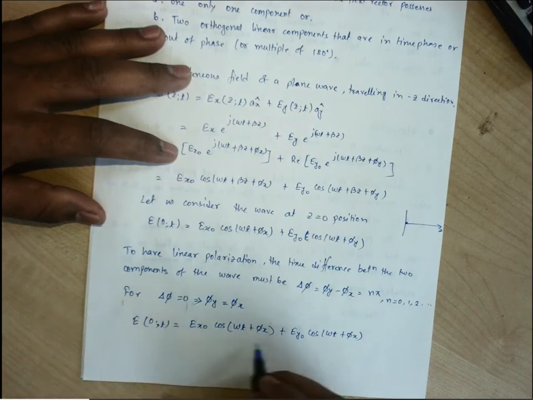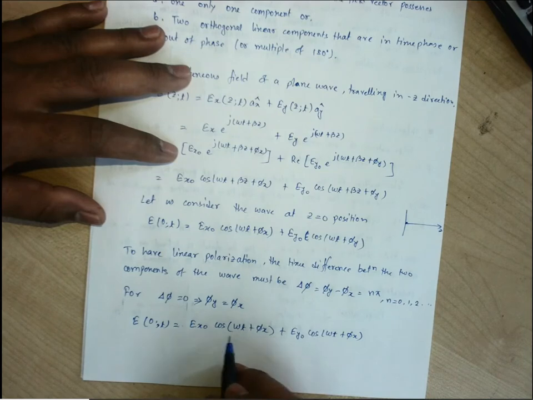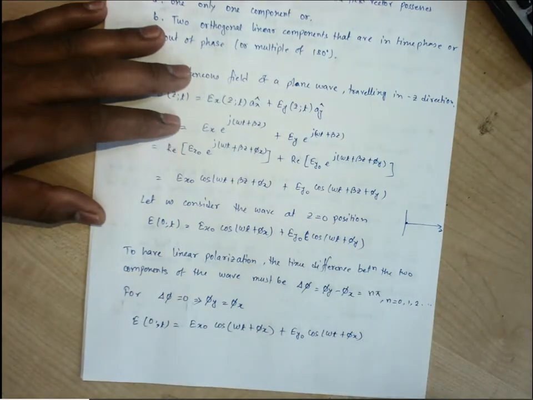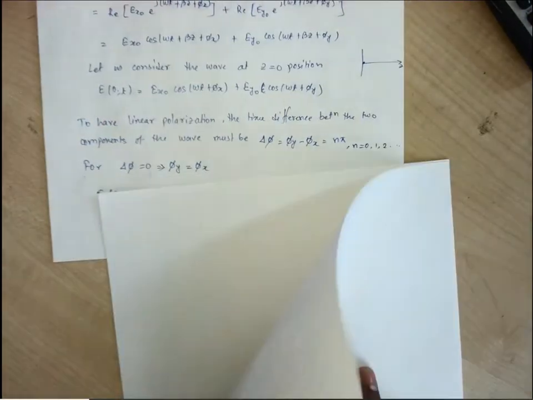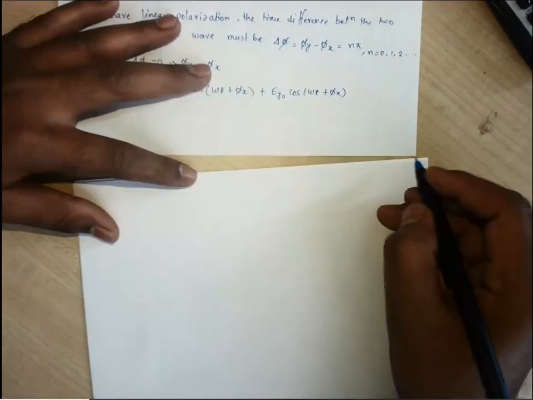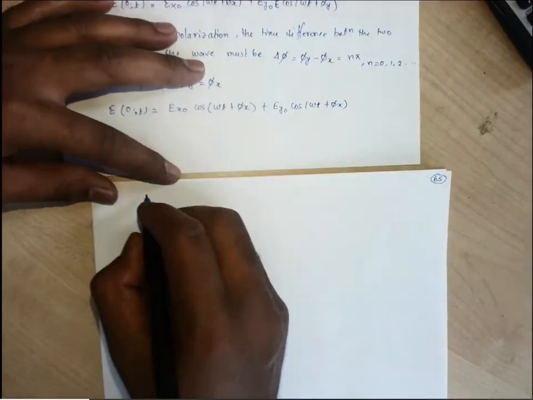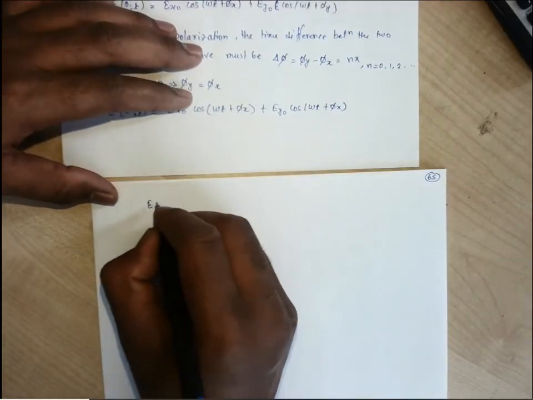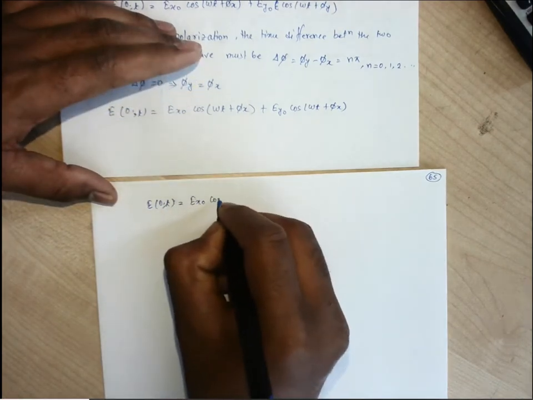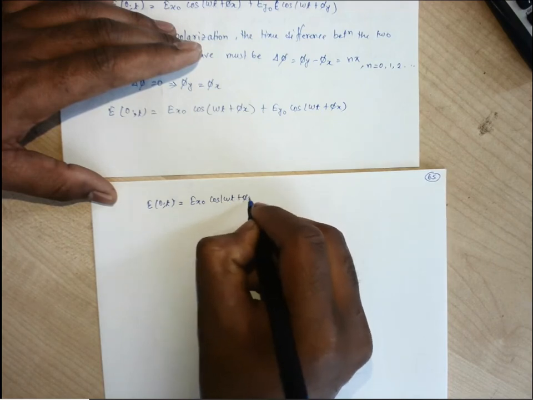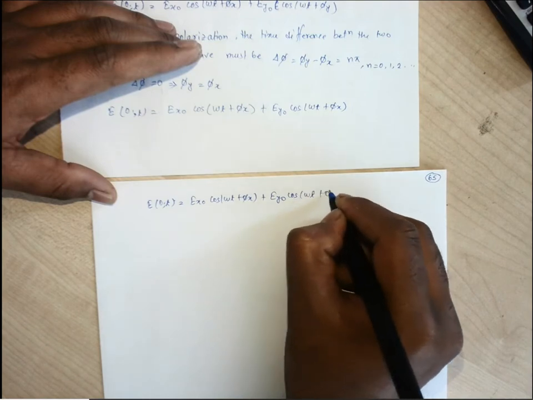Now depending on this expression, let us take different t value and let us go with this omega t and we will plot the field vector for this case. So I am just writing this expression here again. E comma t is equals to E x naught cos of omega t plus phi x, E y0 cos of omega t plus phi x.